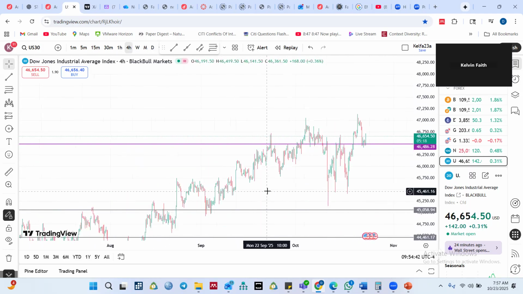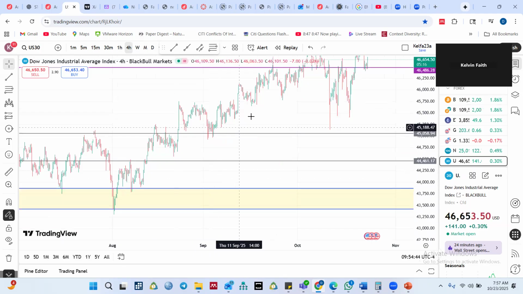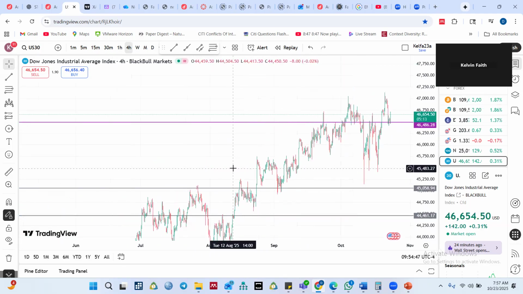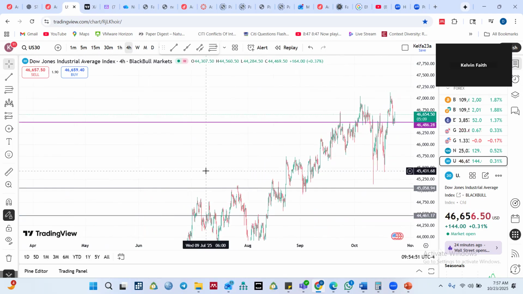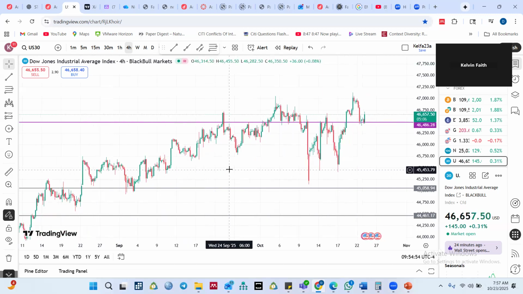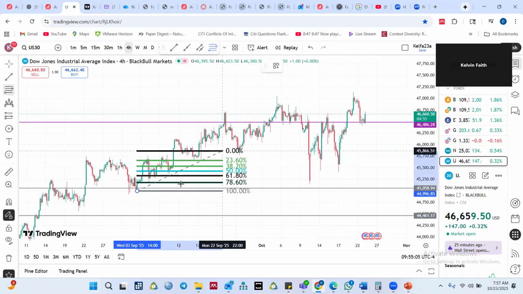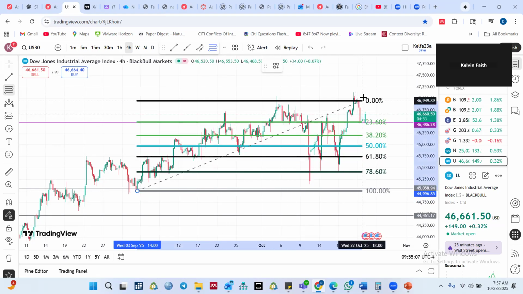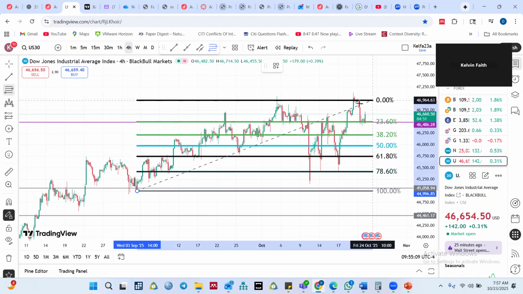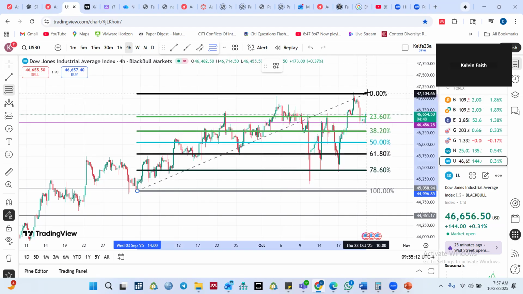So from the 4-hour time frame, let's say we got price here, then it moved up like this. Okay, like this.